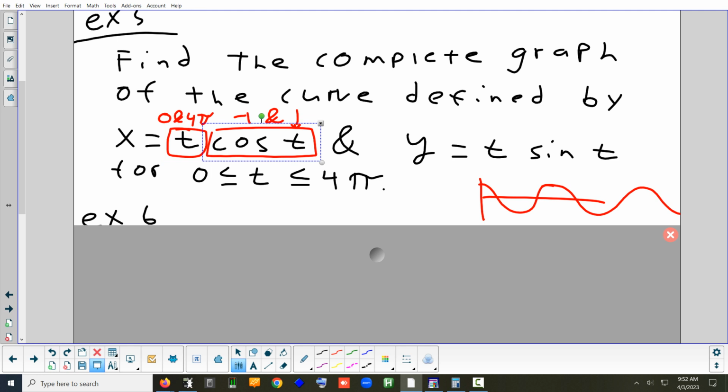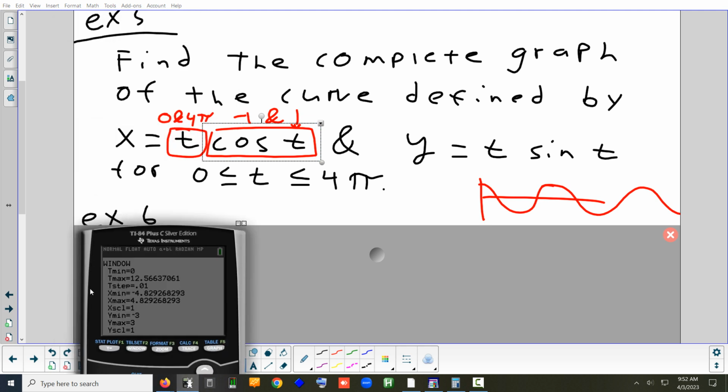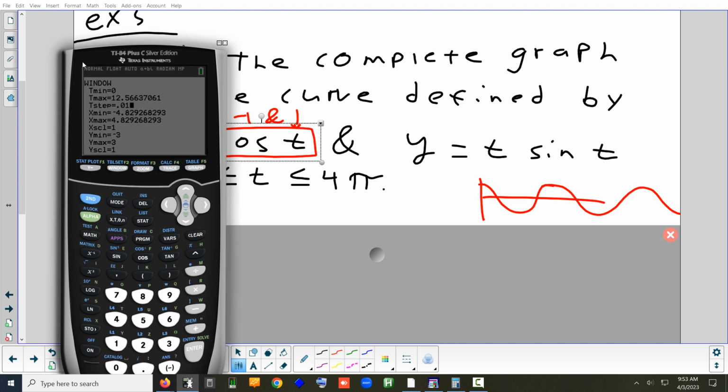What's the biggest result you could ever have? 4 pi. Yep. 4 pi is the biggest result that could ever happen. What's the smallest result that you could get? -4 pi. So no matter what happens here, it's always going to be between -4 pi and 4 pi.